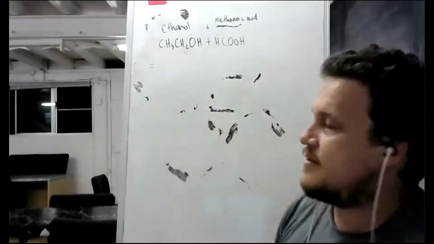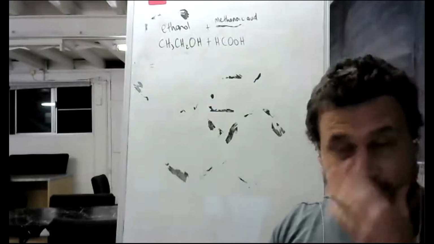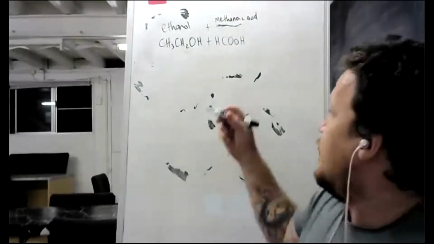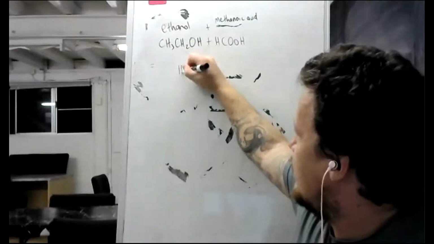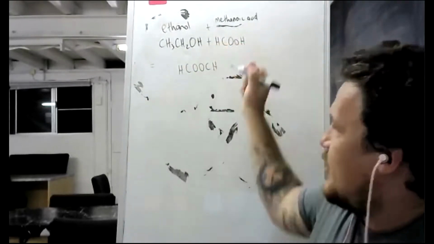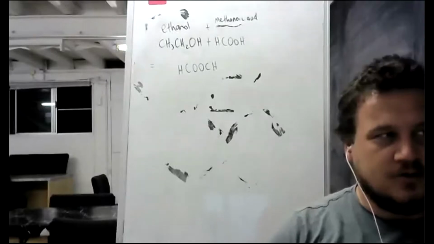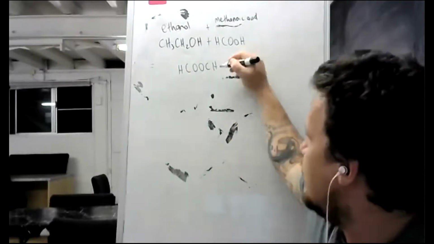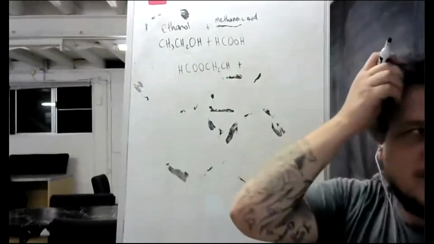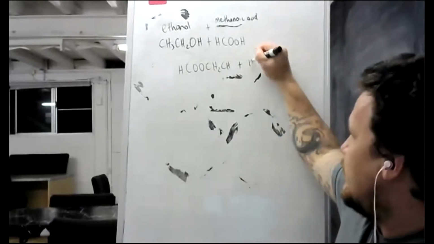This would give us, I know I'm not right, I need a wider whiteboard. This would give us an ester, and it would also give us the formation of water.